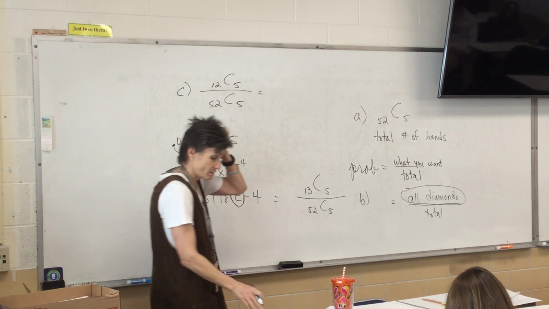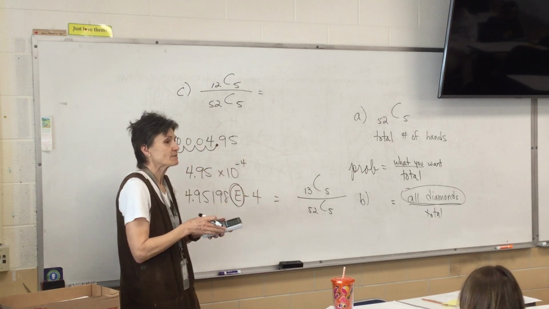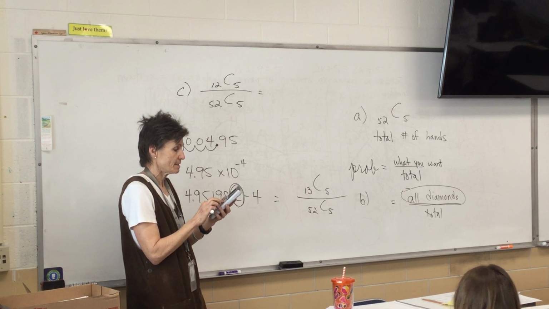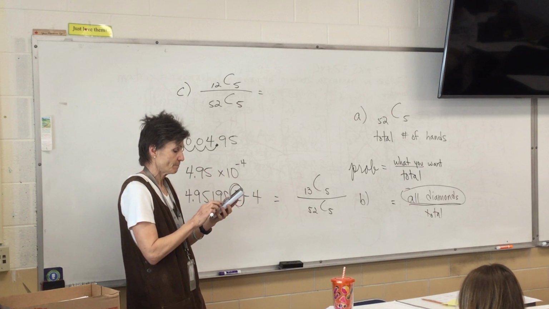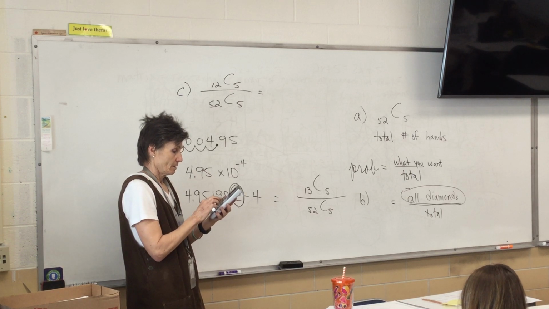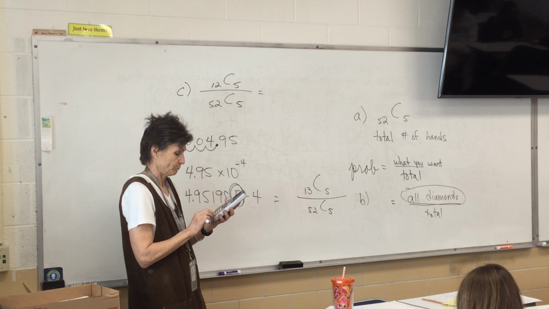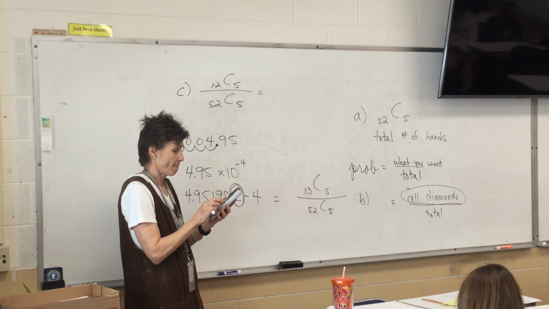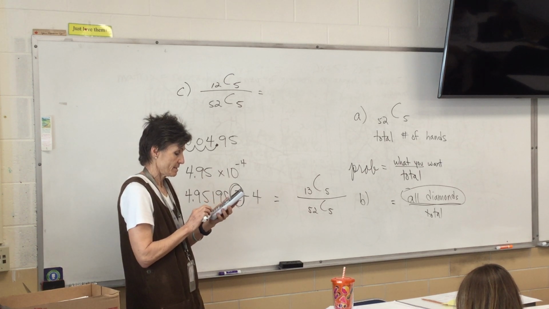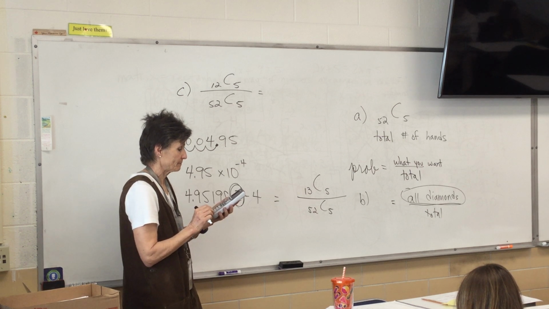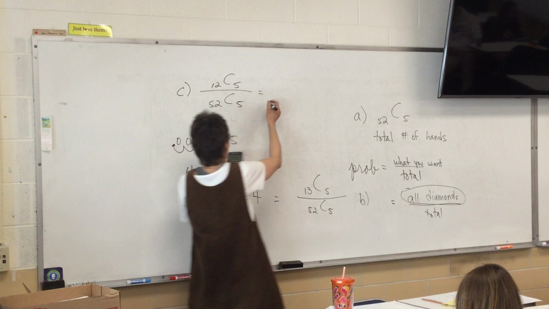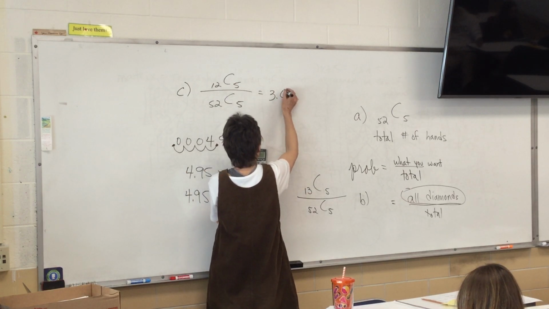So the numerator is 12C5. 12 face cards. This is going to be an even smaller number. 12C5 divided by 52C5. Always be careful, guys.